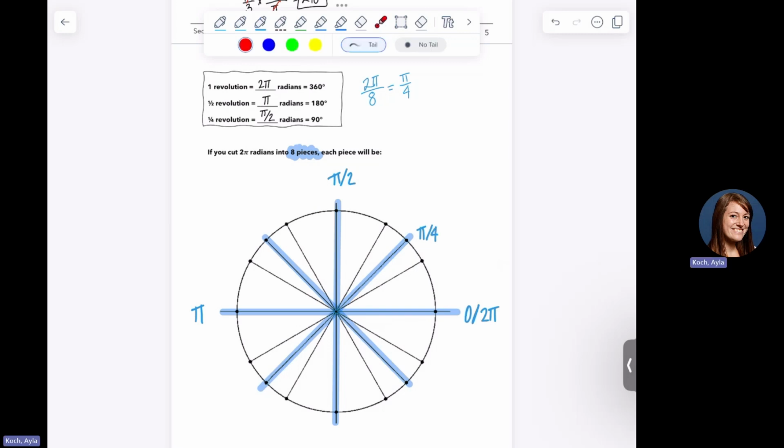Now, really, we're just counting up by pi over 4s. So pi over 2 is really 2 pi over 4, because it's another pi over 4, but 2 pi over 4 simplifies to pi over 2. Another pi over 4 later would be 3 pi over 4. Add another pi over 4. This guy right here is actually 4 pi over 4, but we leave it as pi.